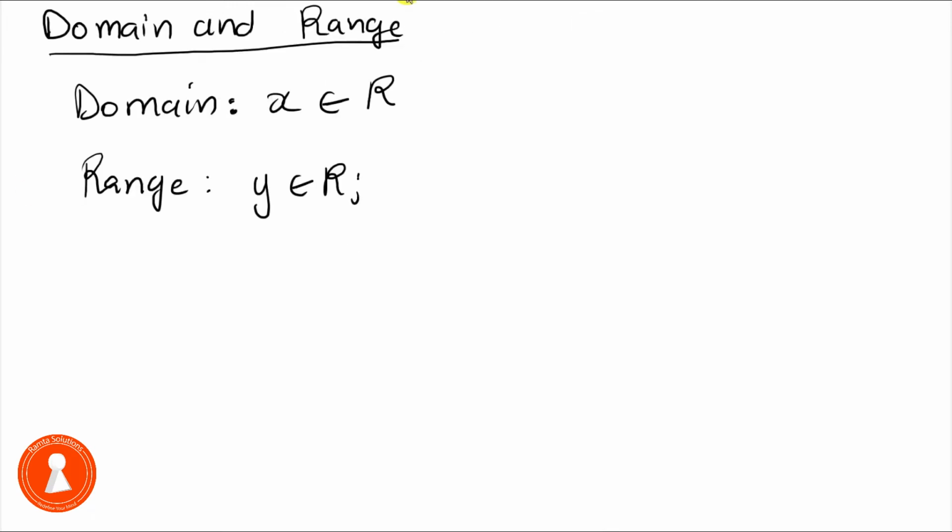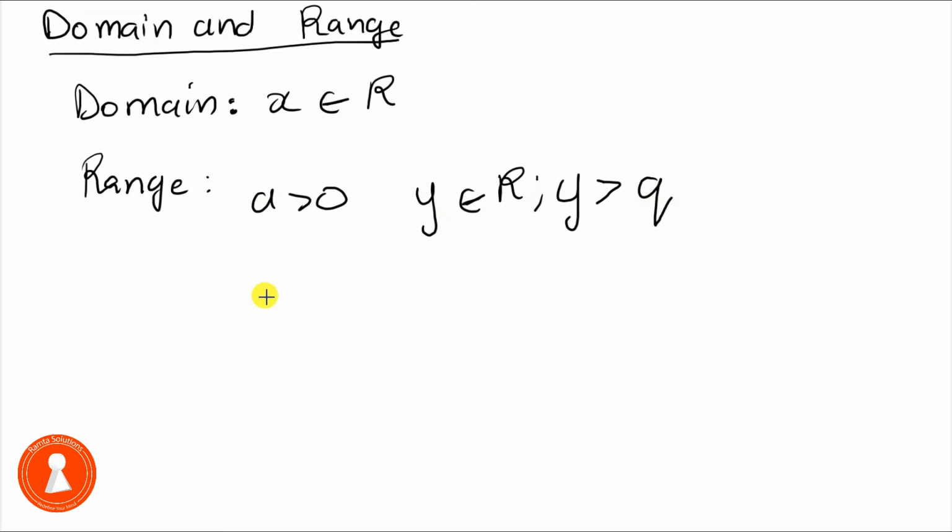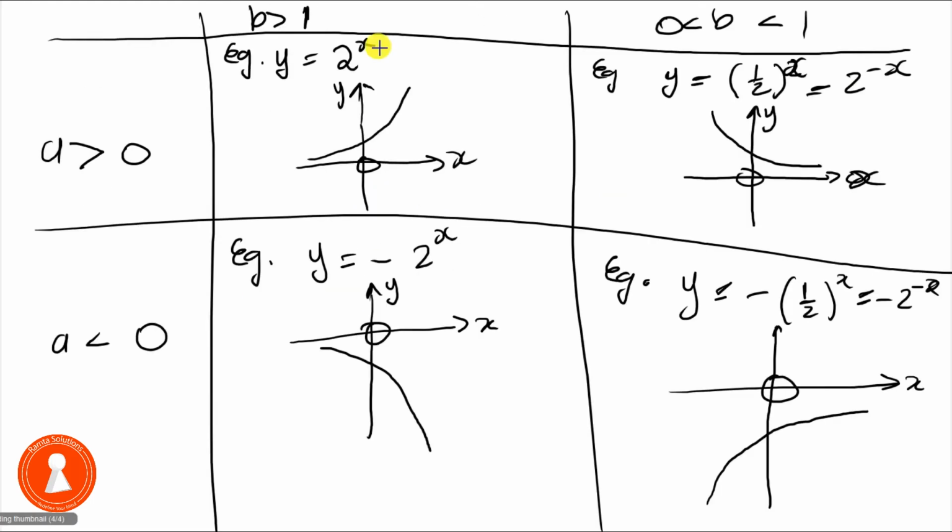So I will expand on this. Before I can even do this, let me say, when a is positive, y is an element of real numbers, but y must be greater than q. Now let's look at the case where a is less than 0.